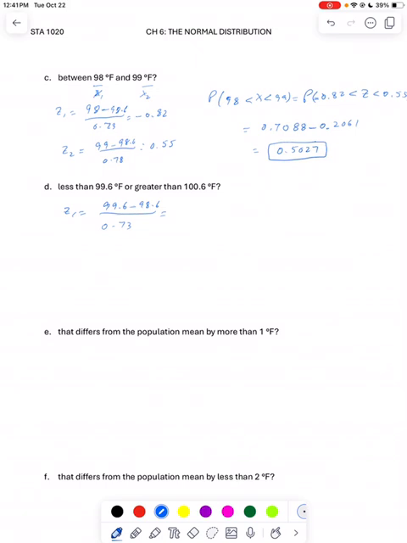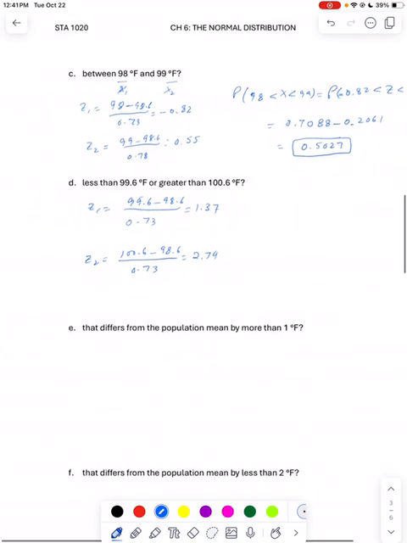Well, I got 1.37. Does that make sense? Yes, because it is positive, because the numerator will be positive. So z2 is 100.6 minus 98.6 divided by 0.73. So this is giving me 2.74.